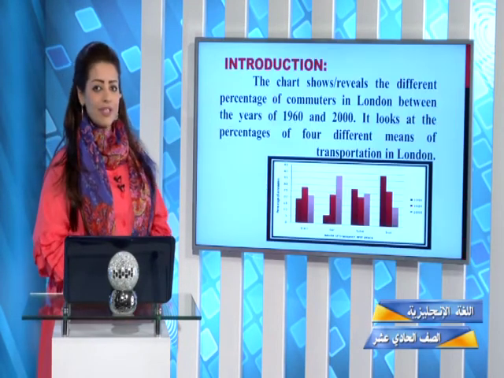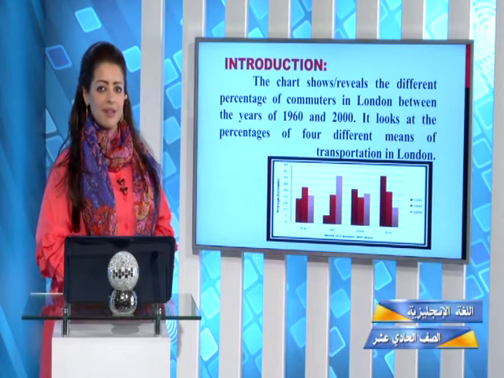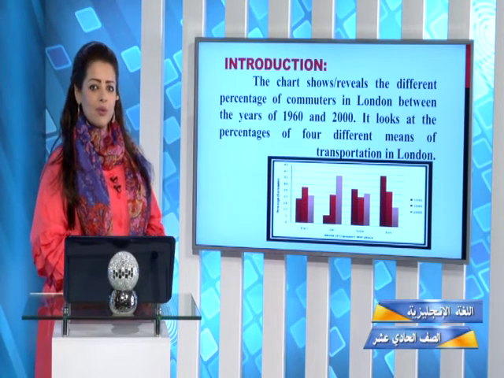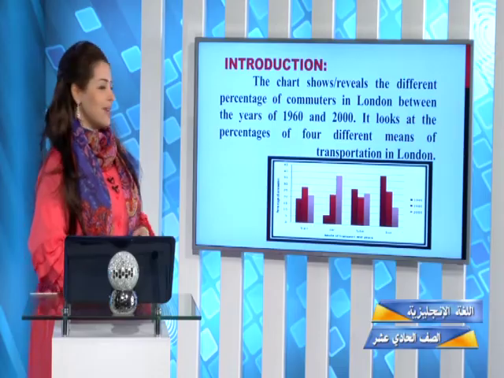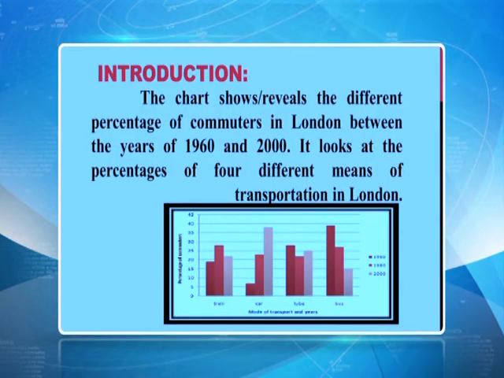So, in the first paragraph, as you can see, it's an introduction. We begin our sentence by saying, the chart reveals the different percentage of commuters in London between the years of 1960 and 2000. It looks at the percentages of 4 different means of transportation in London.